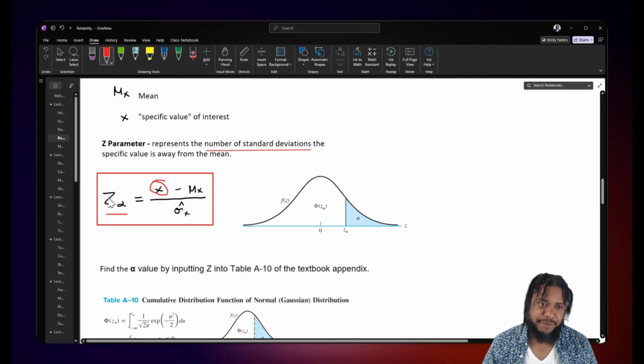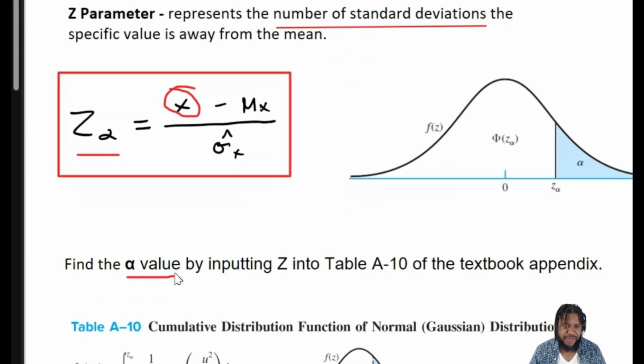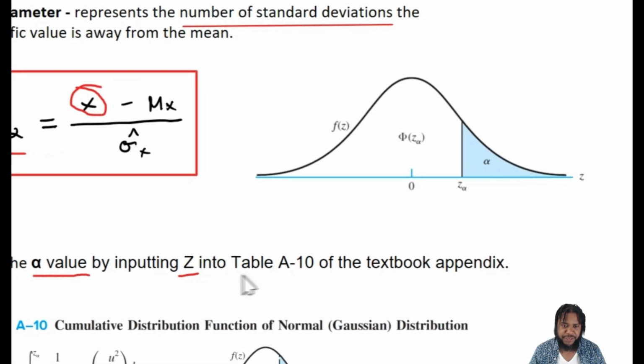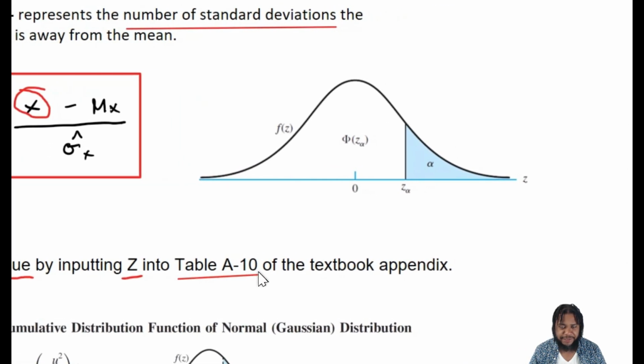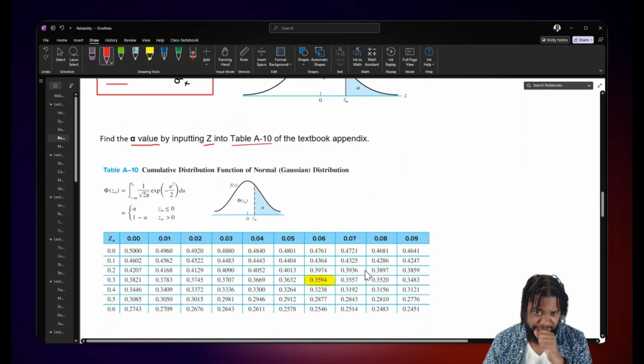Now note that for the Z parameter, we say Z sub alpha. Alpha is something that we can find by inputting the Z that we've calculated into a statistical table in our textbooks, table A10 of the textbook appendix. And then that will allow us to find an alpha value.